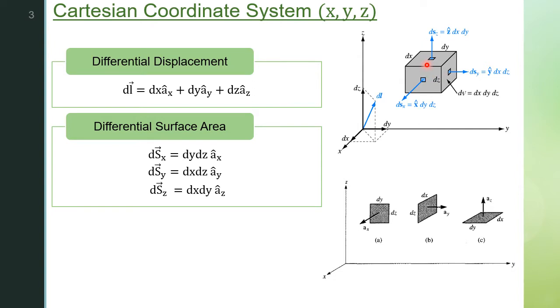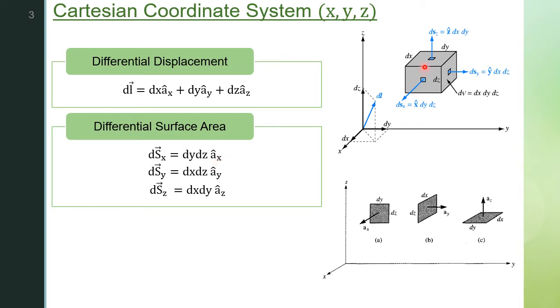So it's dy dz ax cap. If we consider the bottom face, the area vector will be in the opposite, downward direction, so it will be minus az cap. Depending on the direction of the area vector, it will be either plus or minus.